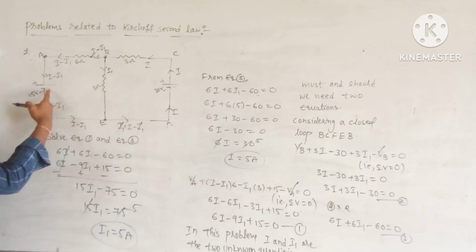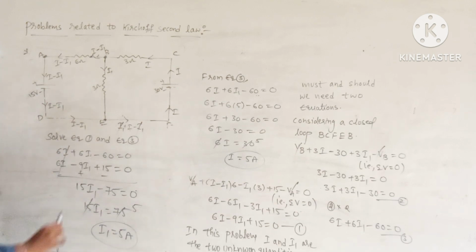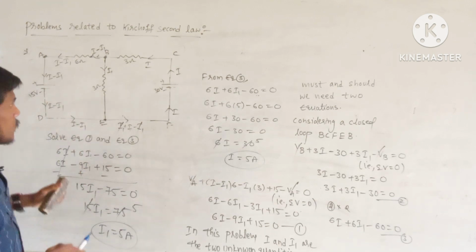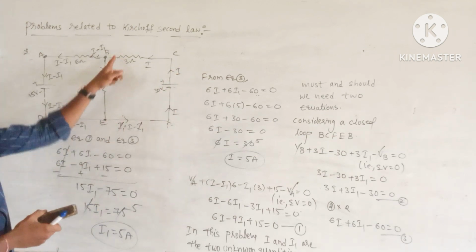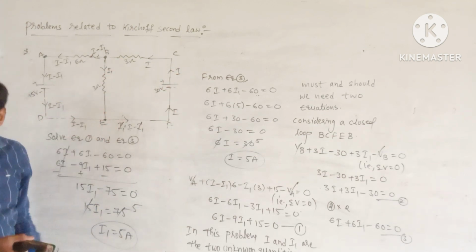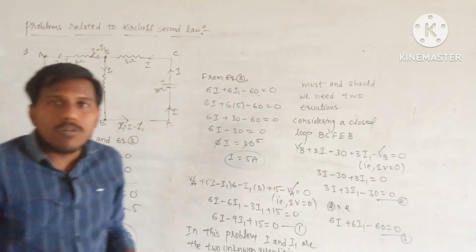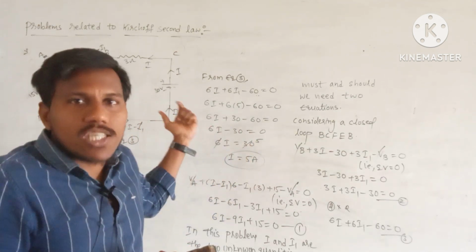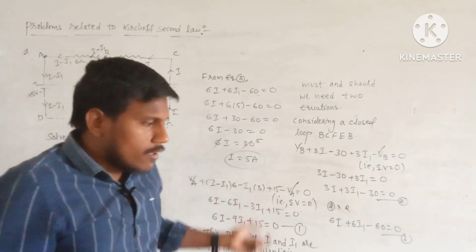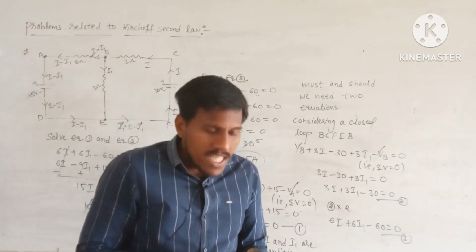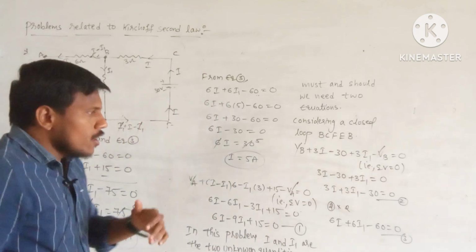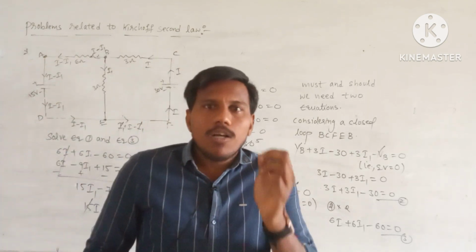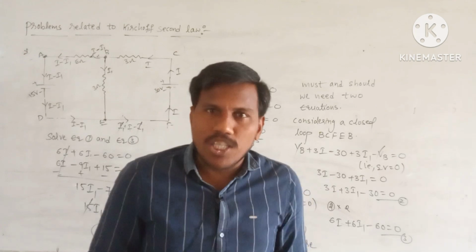What is the current passed through this 15 volt cell? 0. What is the current coming from the 30 volt cell? 5. What is the current passed through the 3 ohm resistor? 5. So this is how we solve the circuit with the help of rules and sign conventions. Okay. Now I will try to explain one more example problem related to Kirchhoff's second law.